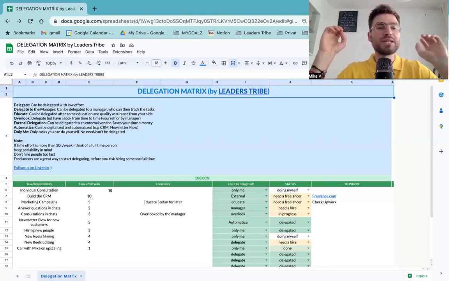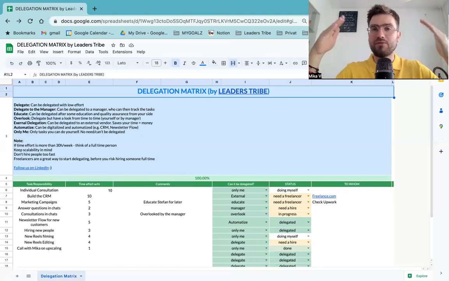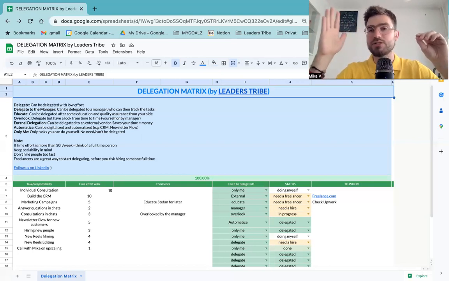Then some general notes. If the time effort is more than 30 hours per week for a specific task, and if you're already at a good level of income, it makes sense to put a full-time person in it, right? And 40 hours and so on, everyone can work anyways around 30, in the best case, 30 very focused hours per week, right?